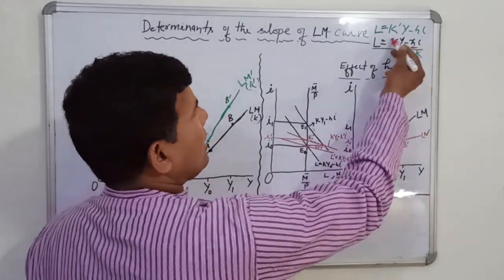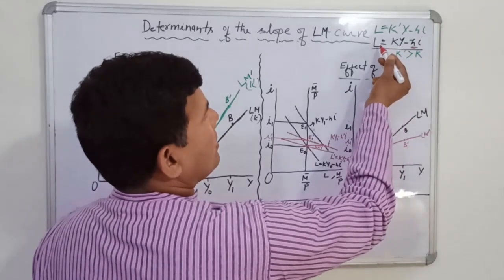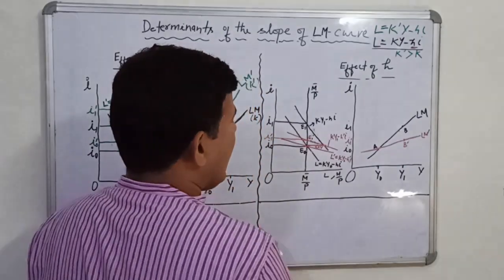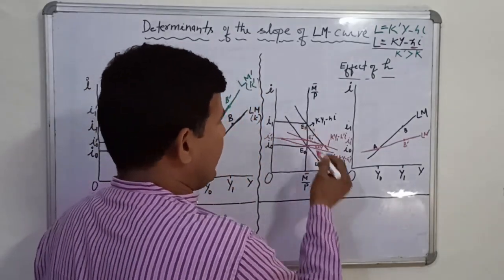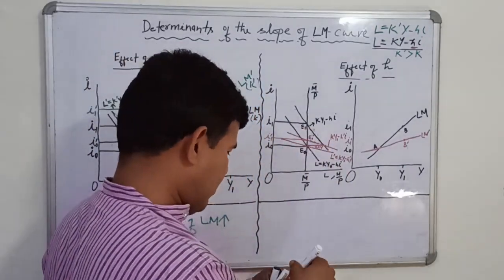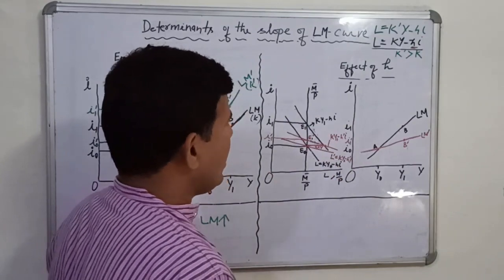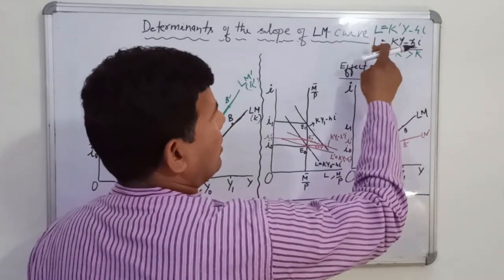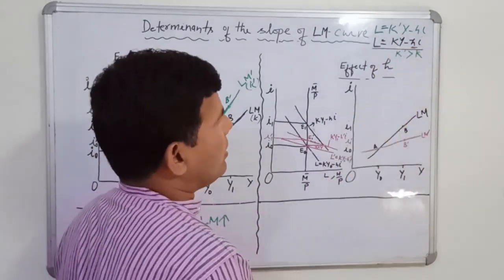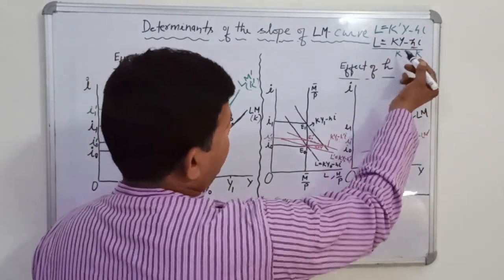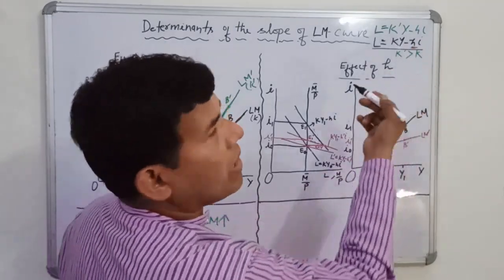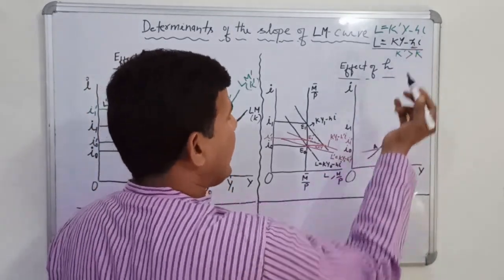So we initially take the money demand function as L equals Ky minus Hi, and that is reflected here by this black money demand line, where the value of K is fixed and the sensitivity of money demand to change in interest rate is given by H, right?